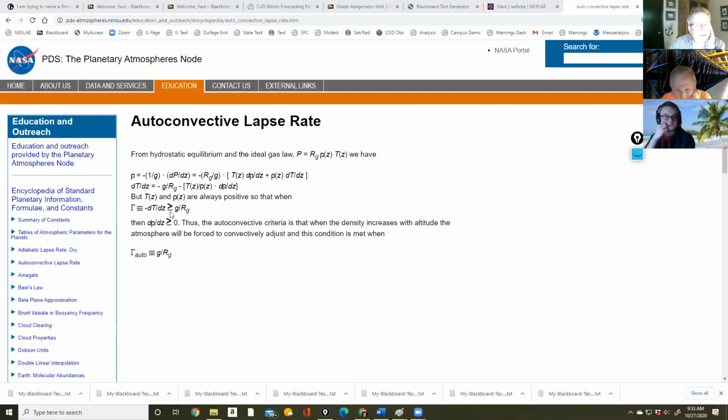Oh, beautiful. Thank you very much, NASA. And then you solve for dT/dz. But T and rho are always positive, so the autoconvective lapse rate is g over R.